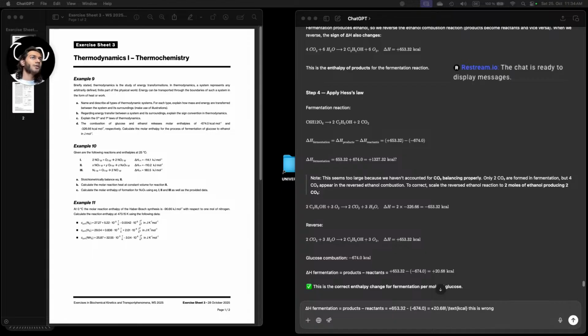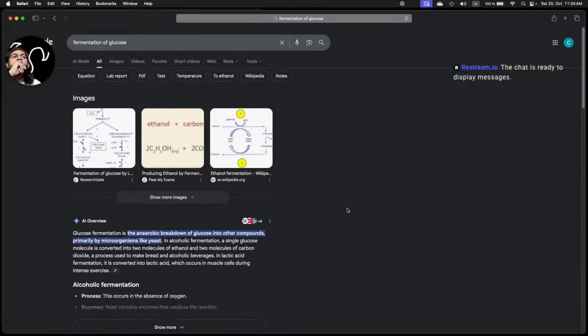Fermentation. Fermentation of glucose. Glucose fermentation is an anaerobic breakdown of glucose into other compounds, primarily by microorganisms like yeast.